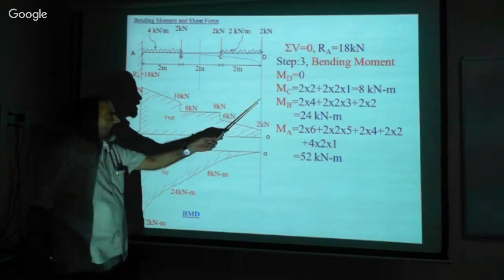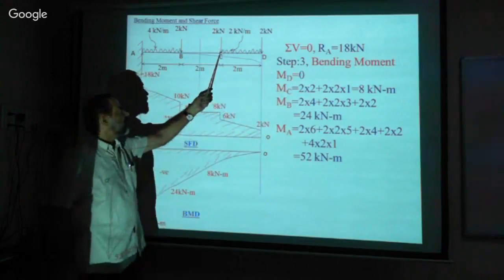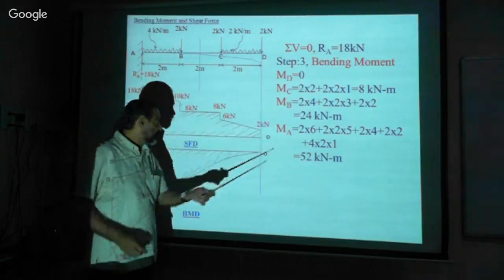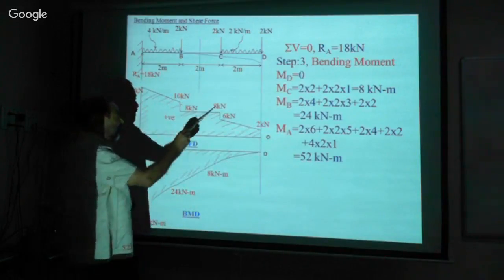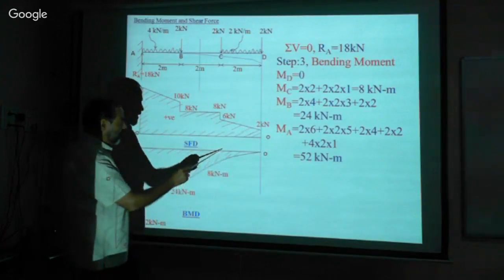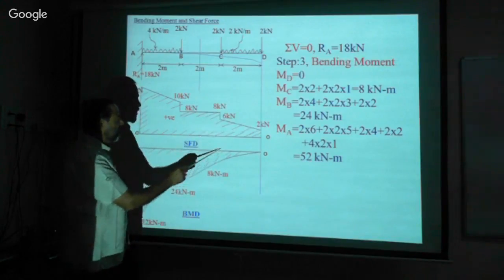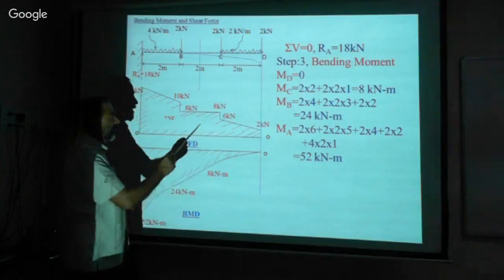If you have calculated the bending moment at C as 8 kilonewton meter, then below the reference you mark a point by measuring this distance, 8 kilonewton meter.